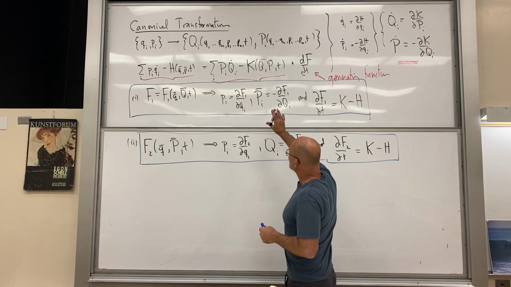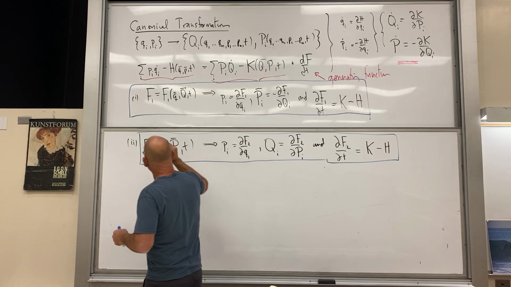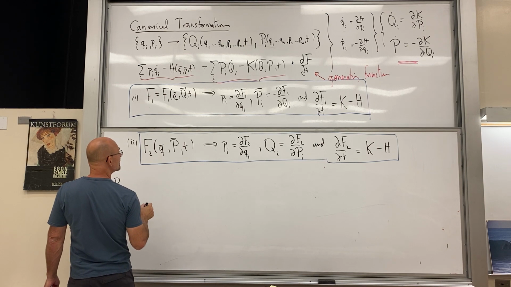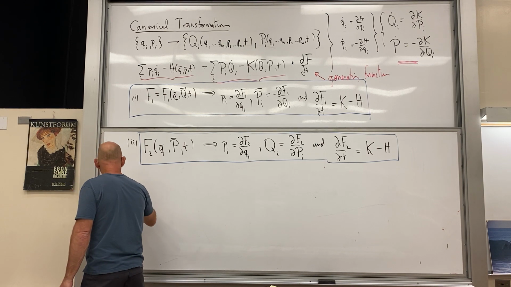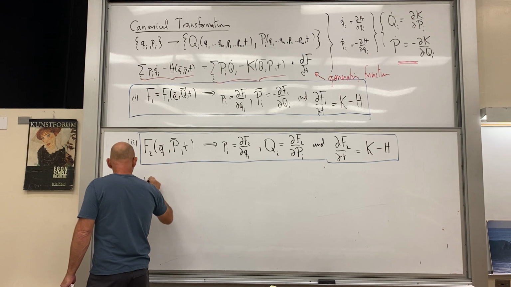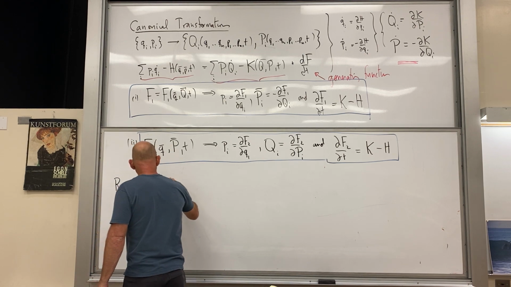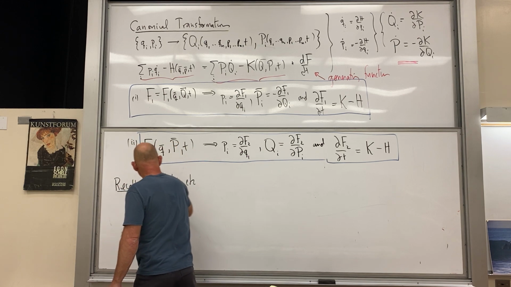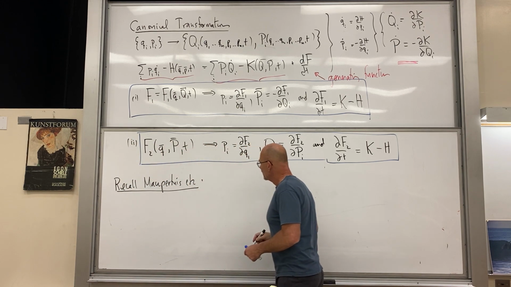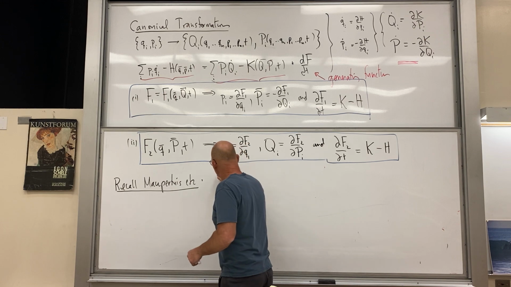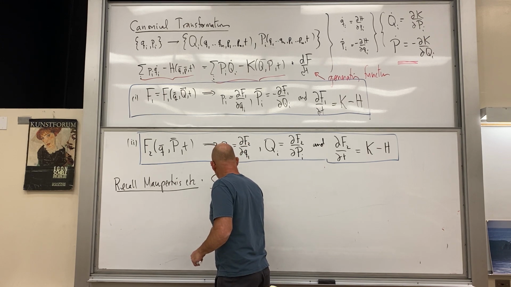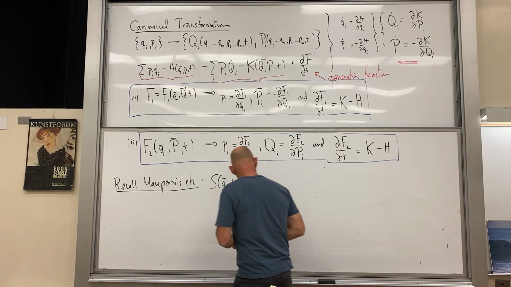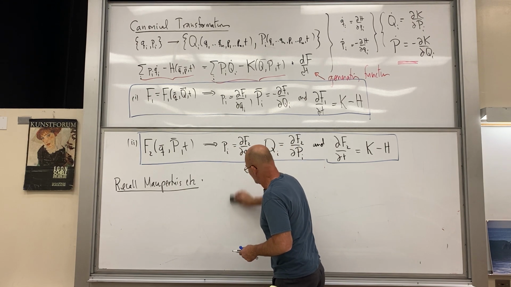So there was the canonical transformation. And then I'm going to write here, recall, or work with the Maupertuis principle, etc. We had the idea that if we define S, actually not so fast.